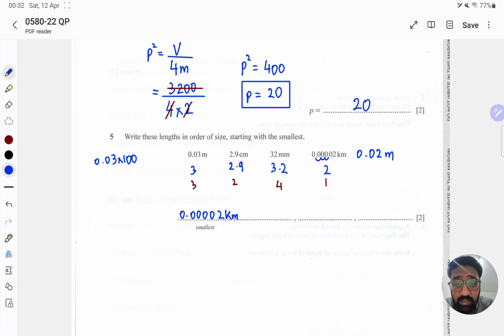Then the second number is 2.9 centimeters. I'll put the units as well because that's the exact way I'm going to write them down in the final answer space. The third number is 0.03 meters, and the final number is 32 millimeters.